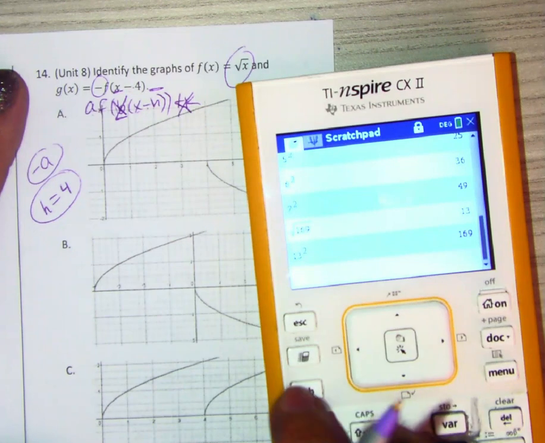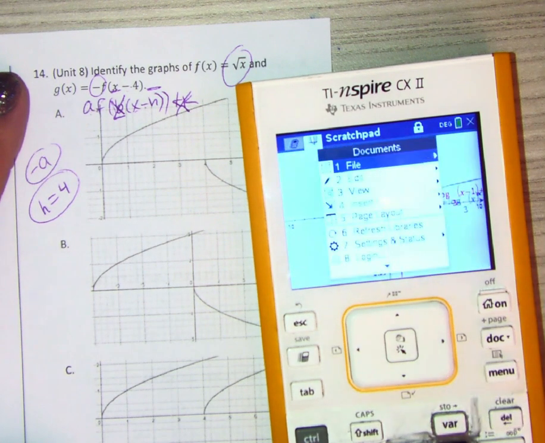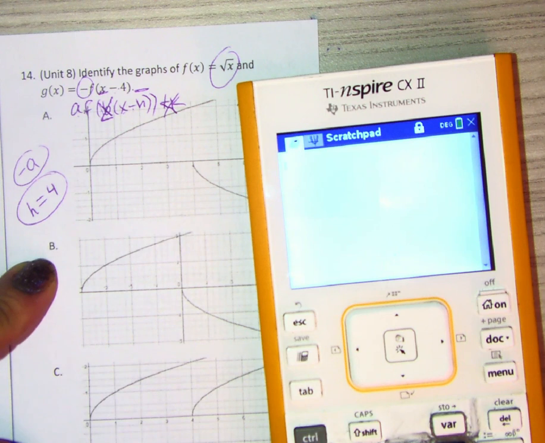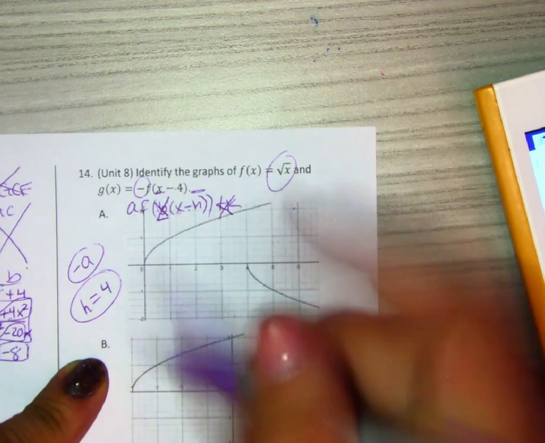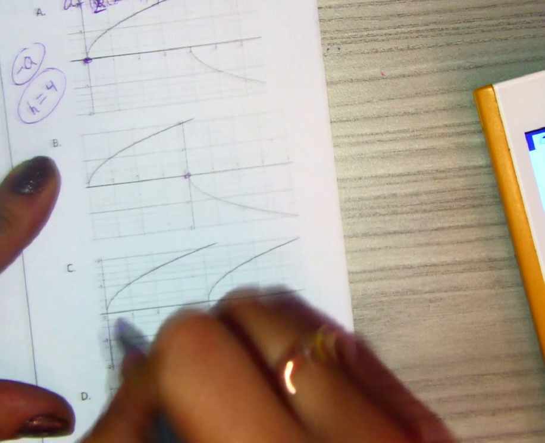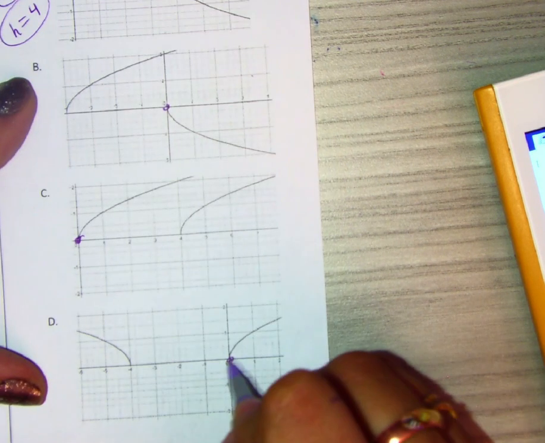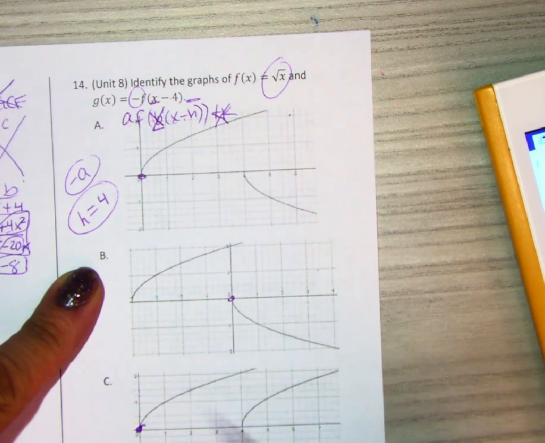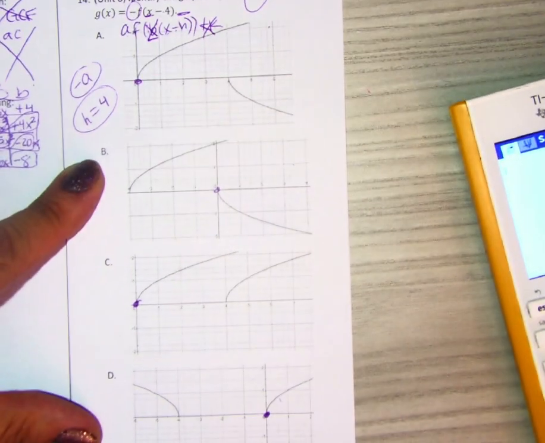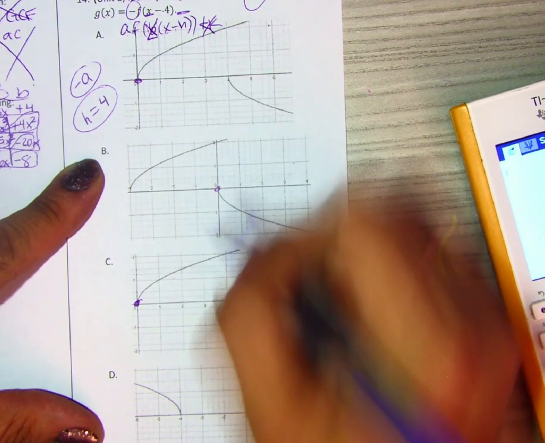Or, of course, since they're graphs, you can just graph them. So square root of x, if you notice, all the questions have square root of x right here, touching at 0, touching at 0, touching at 0. So all these 3, actually, let me show you all 4. So like this one goes like that.